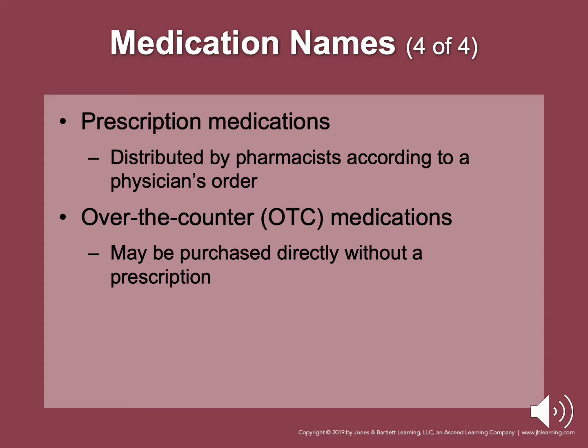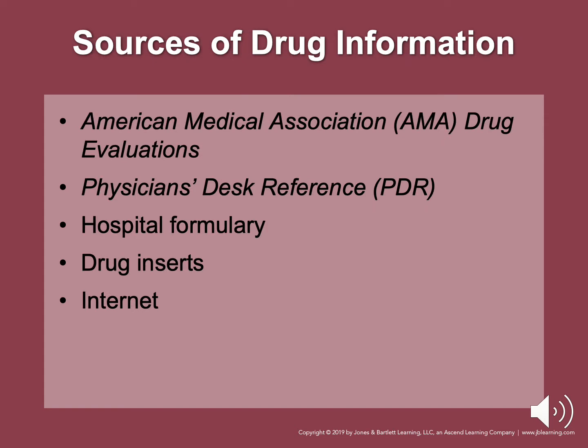So, sources of drug information: the American Medical Association drug evaluations, the PDR, which a lot of people use, the hospital formulary, the drug inserts themselves that come with the medication, and of course the internet provides a lot. So you need to become familiar with these resources and field resources, particularly regarding medications encountered in the pre-hospital setting.